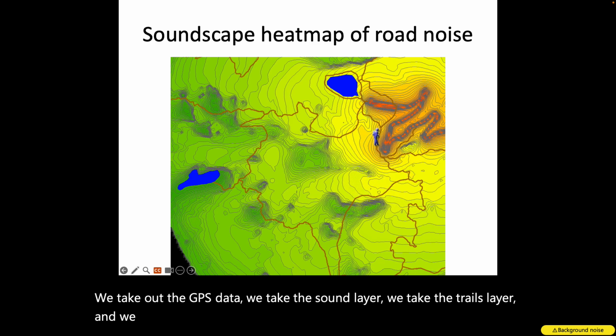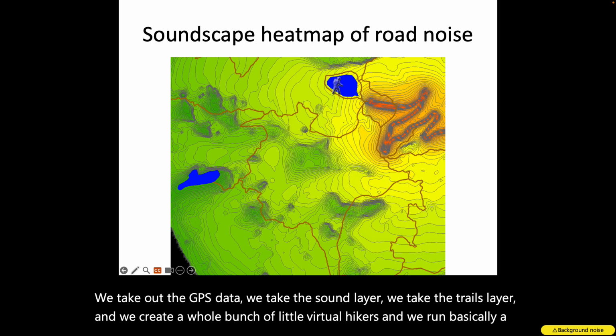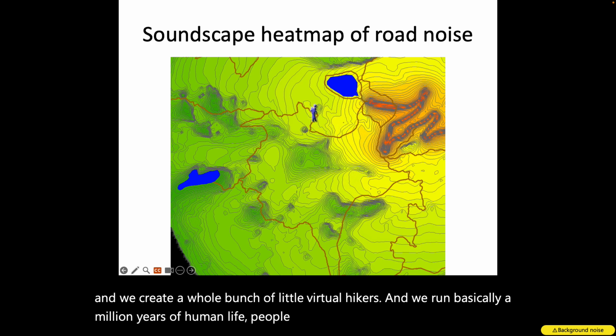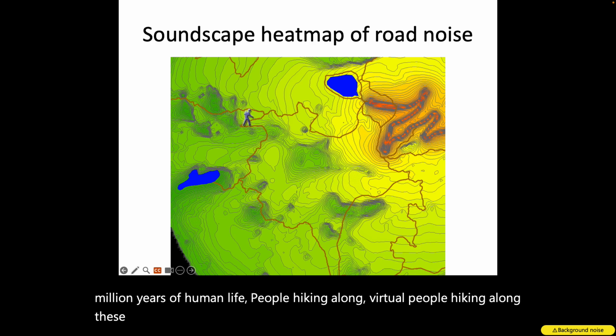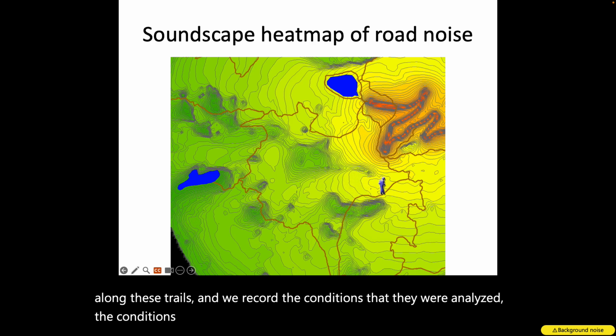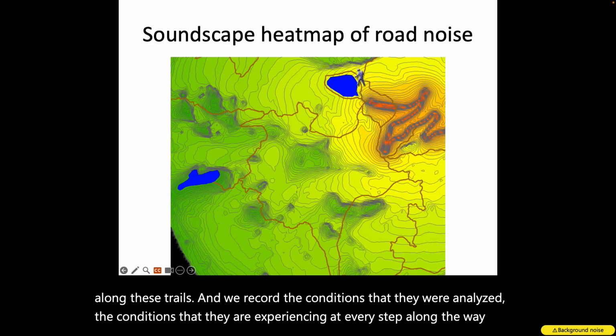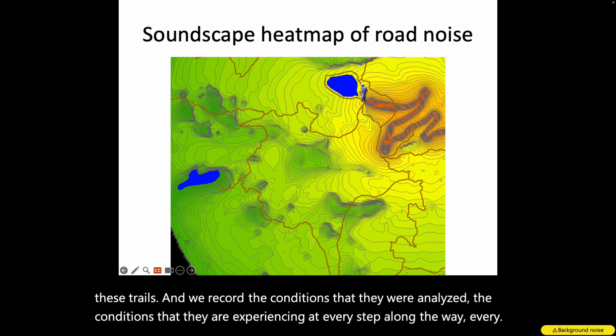So, we take all that GPS data, we take the sound layer, we take the trails layer, and we create a whole bunch of little virtual hikers, and we run basically 1 million years of human life, virtual people hiking along these trails, and we analyze the conditions that they are experiencing at every step along the way, every 5 seconds of their little virtual hike.